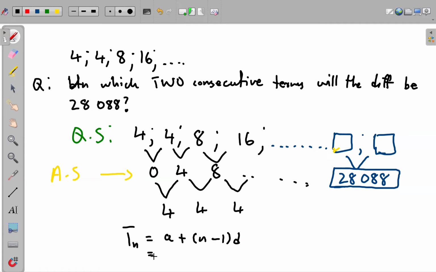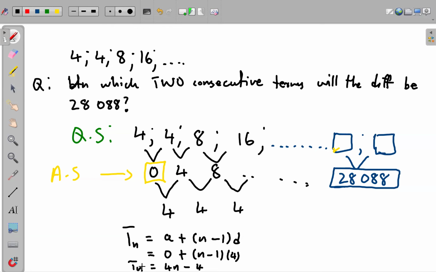In this case, a is a 0 because this is the first term of the arithmetic number pattern. So that is 0. And then we just want to find the general term. So obviously the difference is 4. So we're going to end up here with a 4n minus 4. That's what we're going to end up with for the arithmetic sequence.